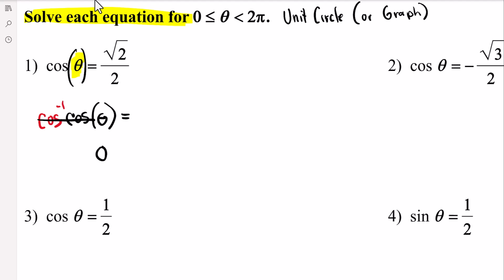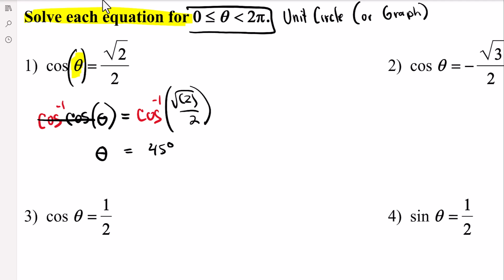Those cancel, leaving the theta. But if we take the arc cosine, or inverse cosine, and you type this into your calculator, this is going to give you 45 degrees.